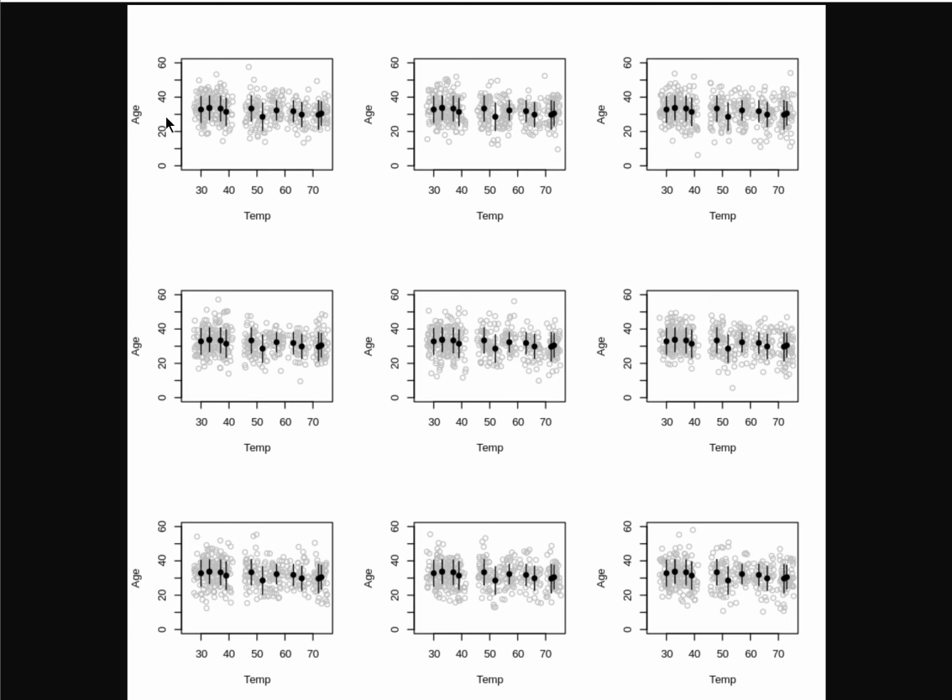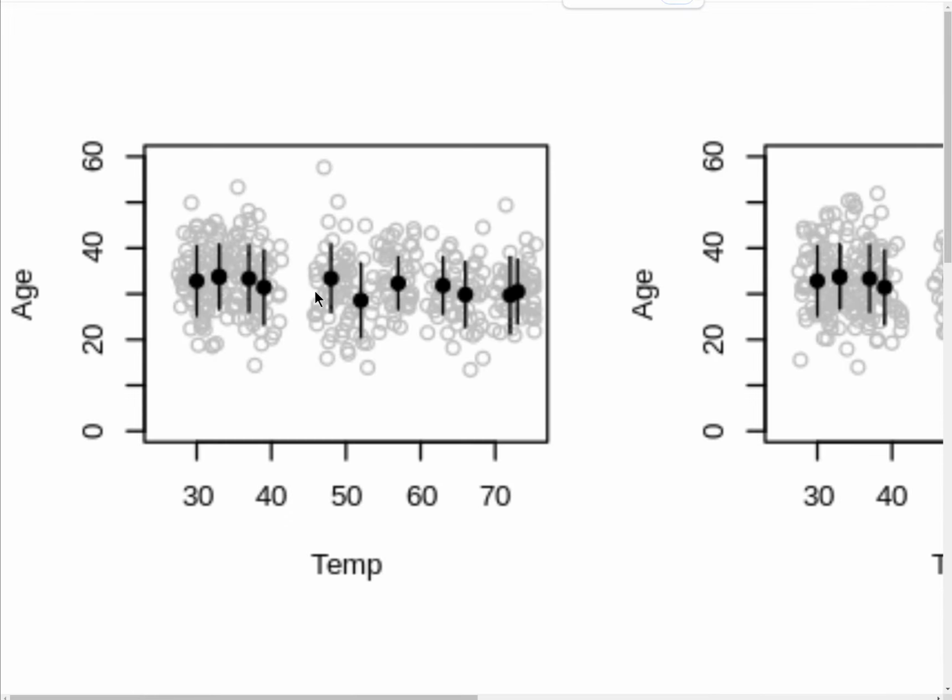Let's just look at this one right here. Don't worry about the other 8. Here we have temperature on the x-axis, and age on the y-axis. We're plotting age as a function of temperature. The little black circles are the mean values estimated from the data, the mean crawling age for babies born in months where 6 months later the temperature was whatever it is here.